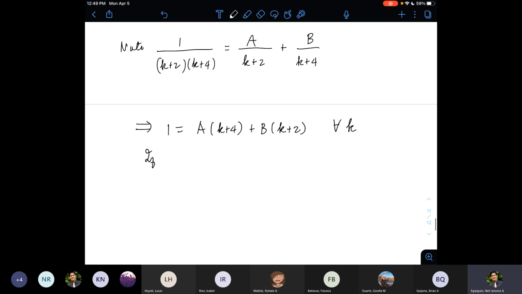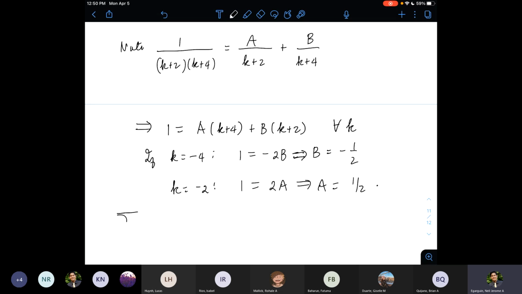So I can give specific values for k. In particular, I'm going to choose the killer values. If I let k equal -4, I'll get 1 equals -2b. So that means b is -1/2. And if k is equal to -2, I'll have 1 equals 2a. So that means a is 1/2.